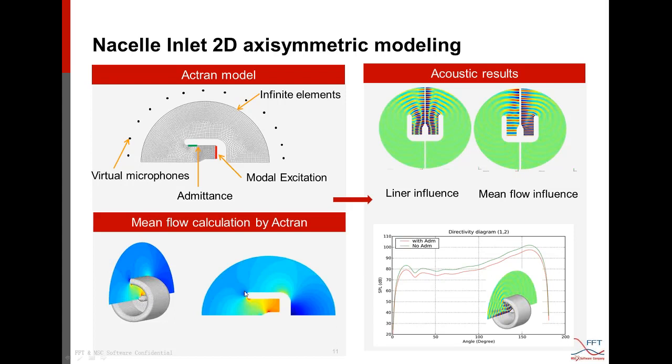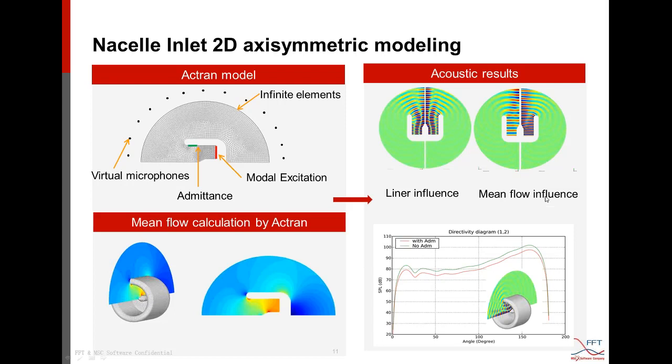So this is a picture on the bottom left. This is a flow calculated by Actran. And on the right, we see a color map of acoustic propagation. Here we are looking at 4 different axisymmetric models. On the left, we are looking at 2 models with and without liner absorption. You can see that on the left there's liner absorption, and on the right there's no liner implemented.